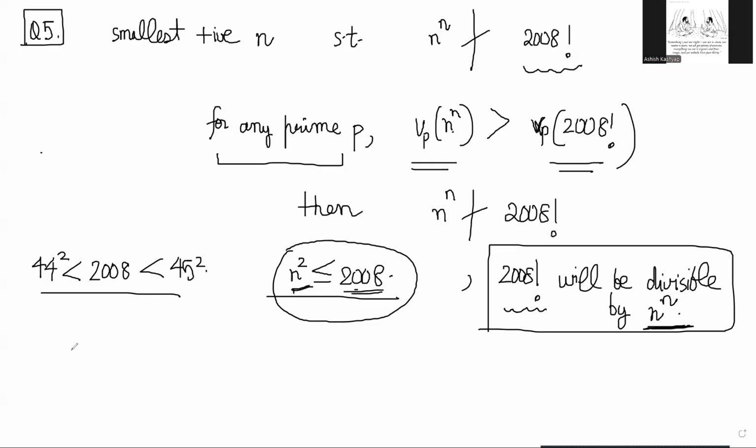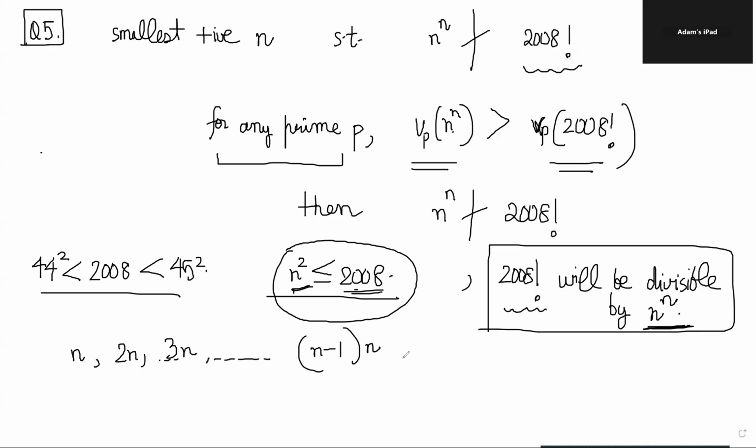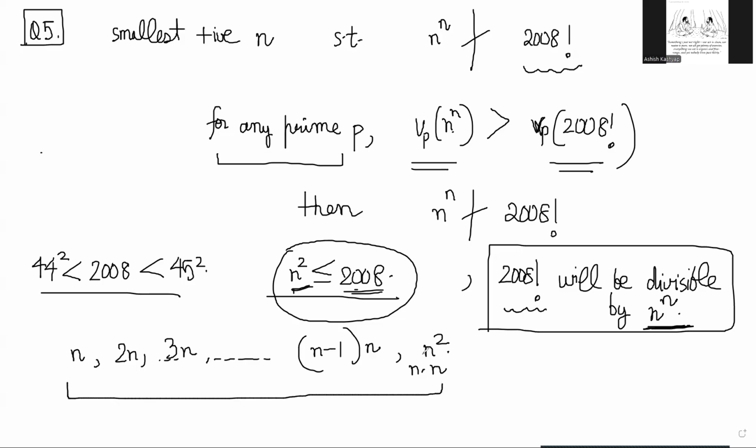Because think of these numbers: n, 2n, 3n, up to n minus 1 times n, and lastly n square, which is n into n. All of these numbers are less than or equal to 2008 according to our condition.